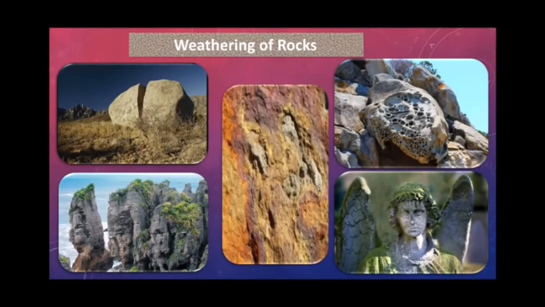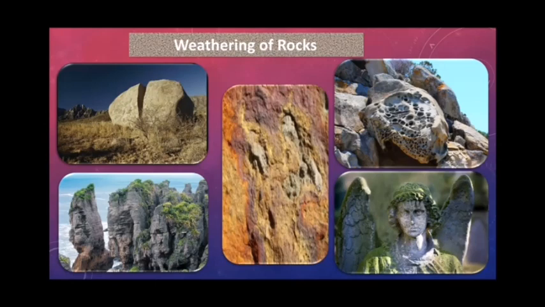Now children, see carefully the pictures that are in front of you. Observe the physical appearances of the rocks in each picture. You can see that the rocks are broken, fractured and have holes in them, right? In one of the pictures, you can also see that the statue has been deformed.